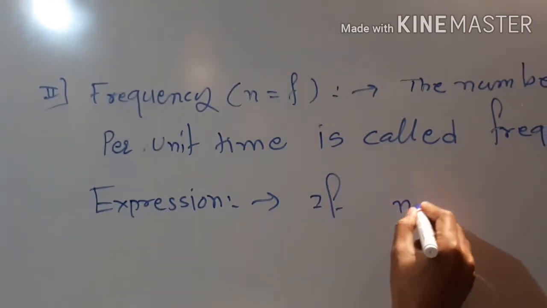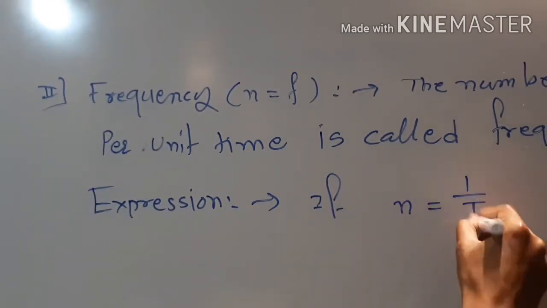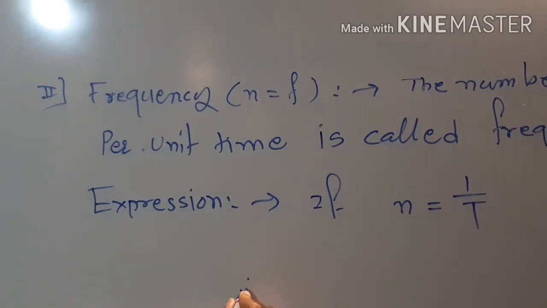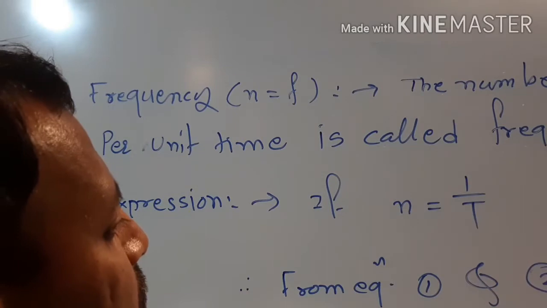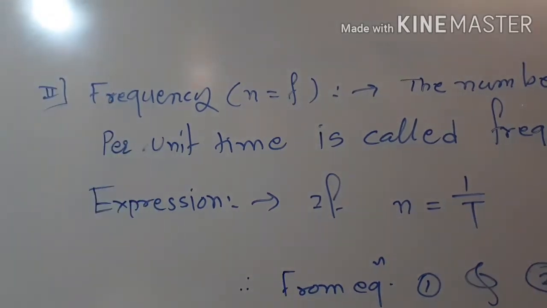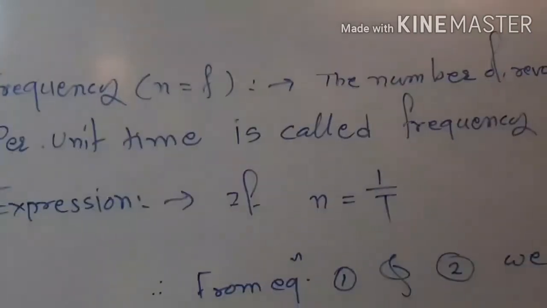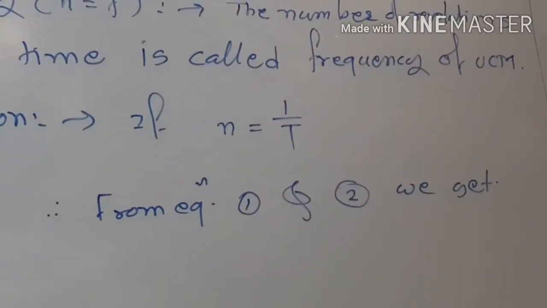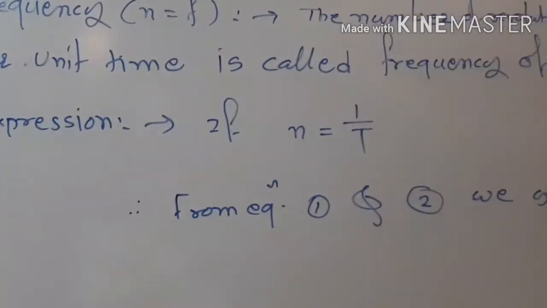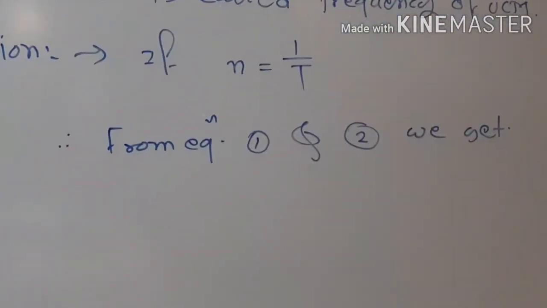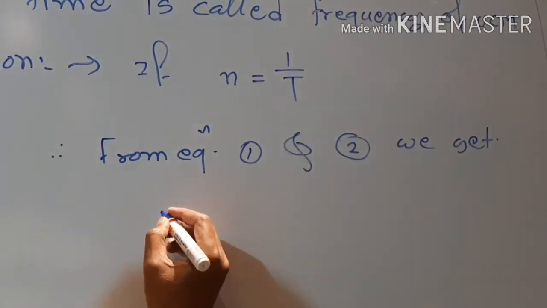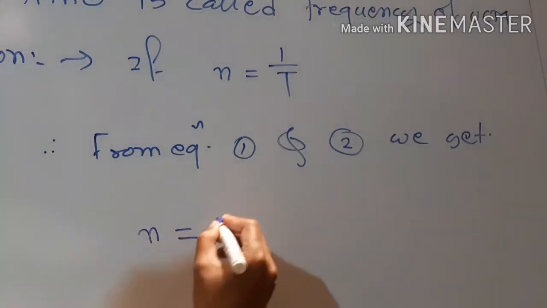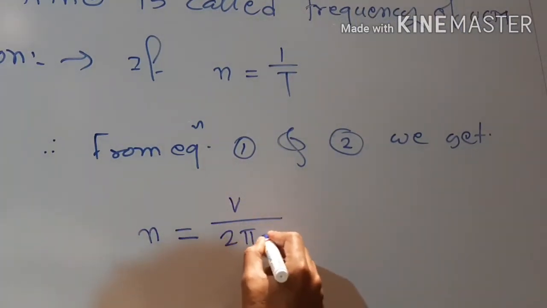If N, meaning frequency, is equal to the reciprocal of the period, therefore from equation 1 and 2 we get N is equal to v upon 2 pi r.